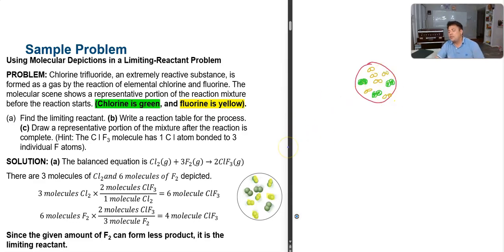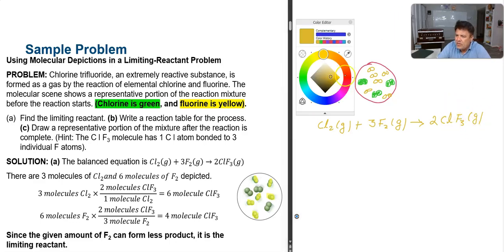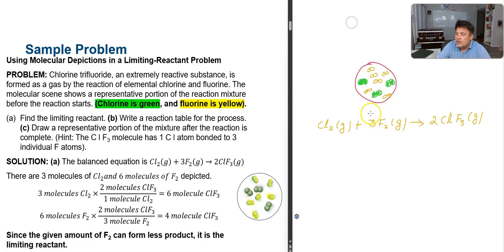This is the scenario. So what is the reaction? The reaction is this: Cl2 gas, and fluorine is also a highly reactive gas. Okay, Cl2 plus 3F2 gas gives you 2ClF3 gas. This is your reaction. So what is present here?